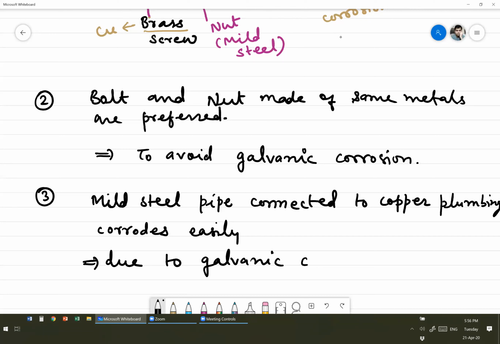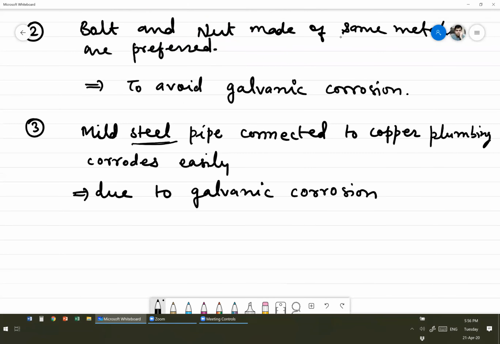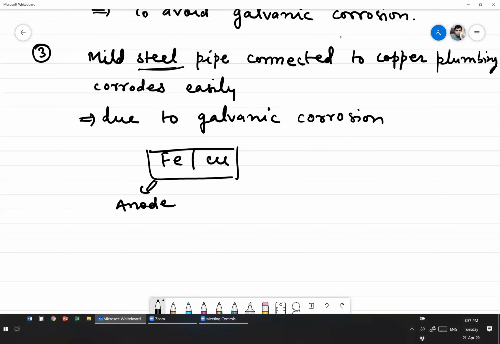So here corrosion takes place at the steel pipe. Here iron metal is in contact with copper, and you know that in this case iron metal acts as anode and undergoes corrosion. That's why the mild steel pipe connected to copper plumbing corrodes easily.